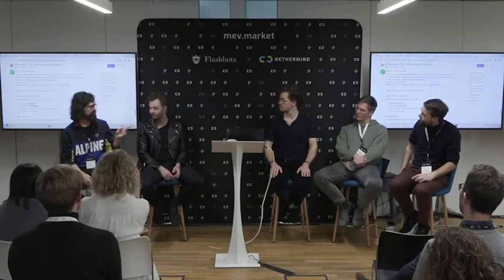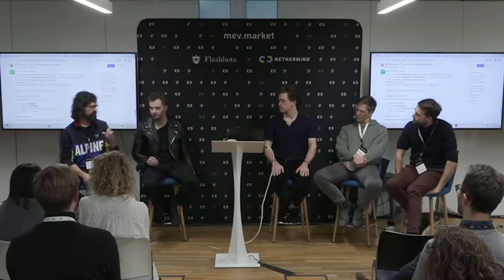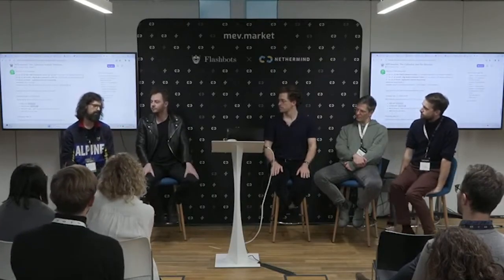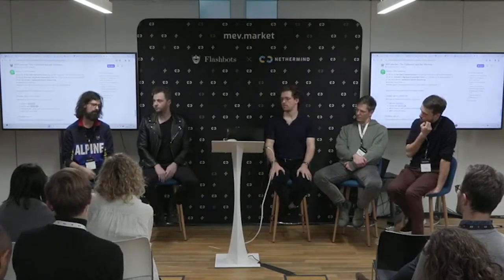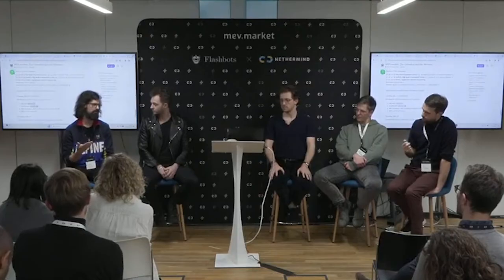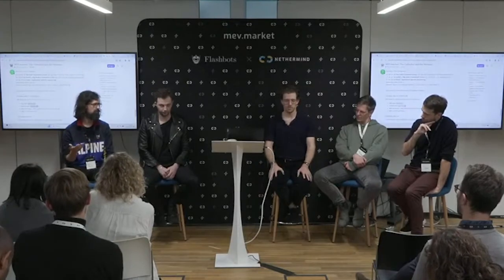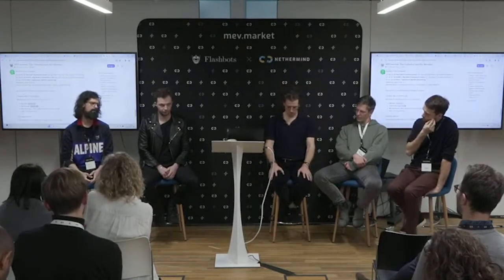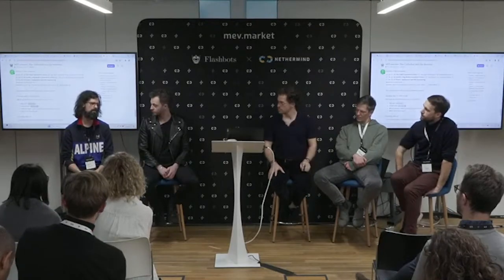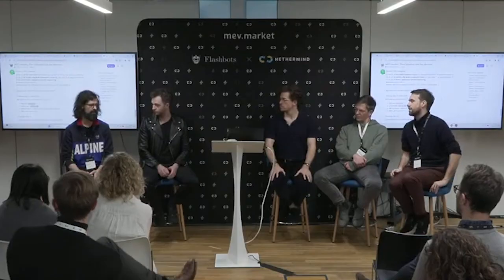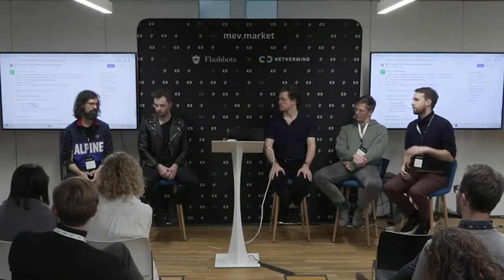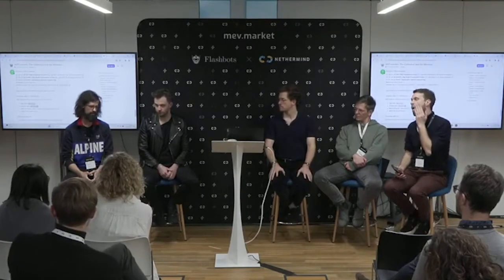I want to go back to Steph's point about application lock-in. I mean, it's hard to explain in this context, but in our architecture, applications are unbundled from particular chains. So the native units of state are called resources, and the resources are controlled by resource logics, which you can think about as predicates or smart contract code. And those resources can live on different instances of Anoma.